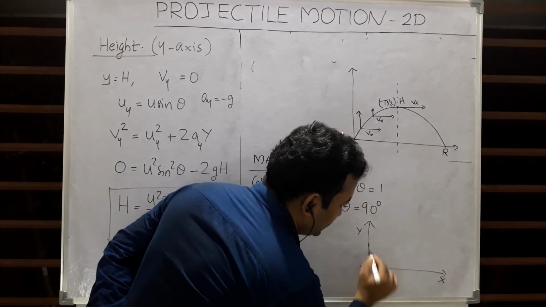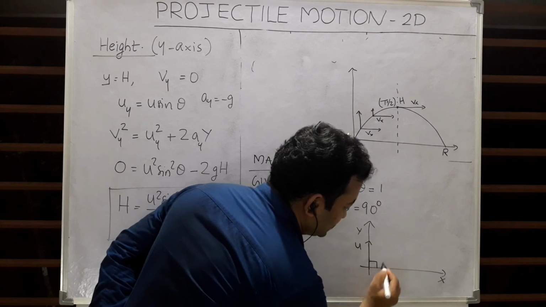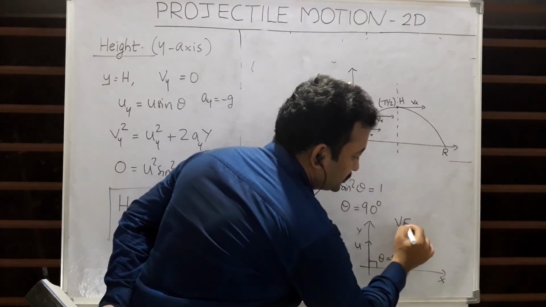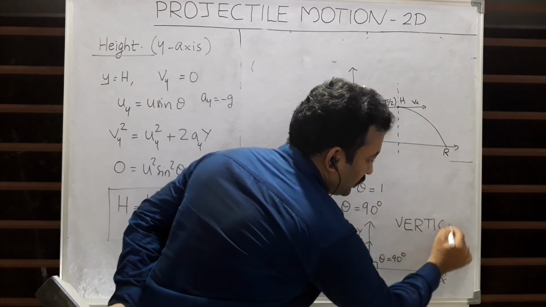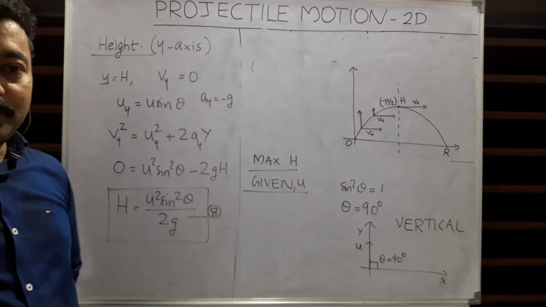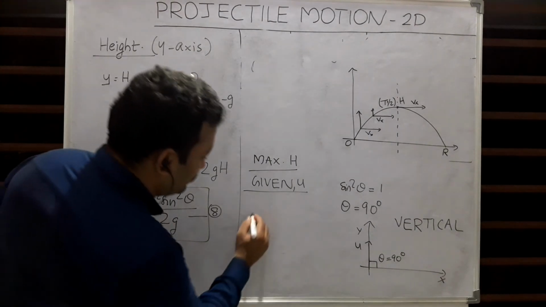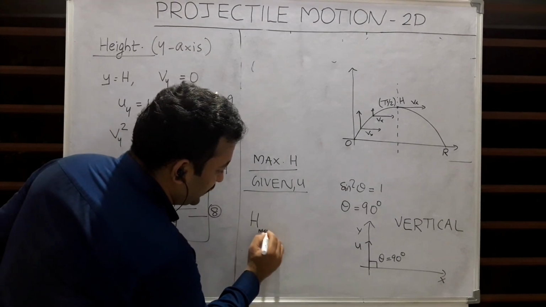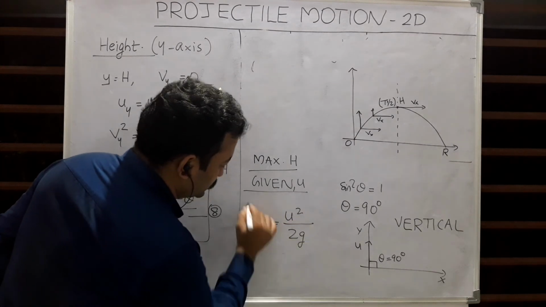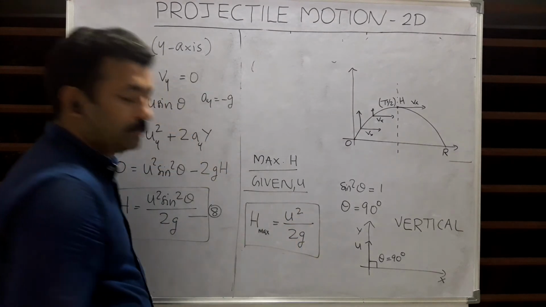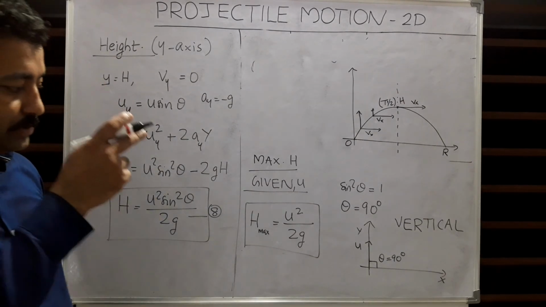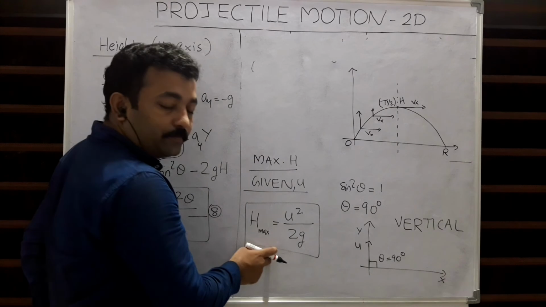U makes 90 degree with the x axis. So we will call this a vertical projection. So what will be the maximum value for h? H max will be u square divided by 2g. For vertical projection, the height will be maximum.